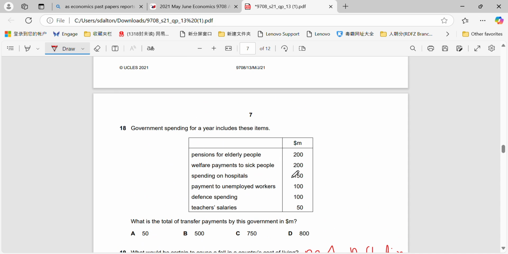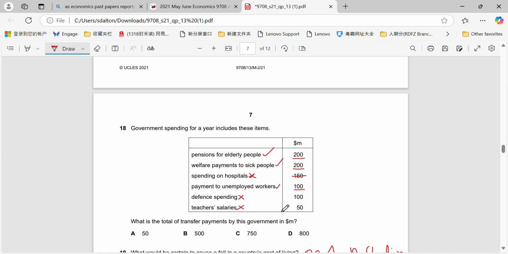Okay, we're looking for transfer payments. Remember, they're non-productive forms of payments. They're paid to vulnerable members of society. Pensions for elderly people is a transfer payment. Welfare payments to sick people is a transfer payment. Spending on hospitals could be current or capital spending by the government. It is not a transfer payment. Payment to unemployed workers, that is a transfer payment. Defence spending, again, could be capital or current spending.